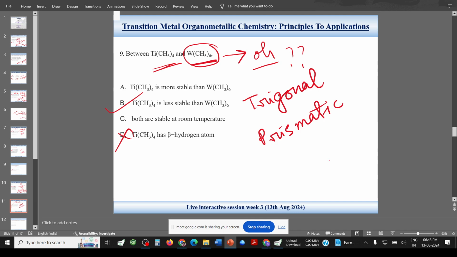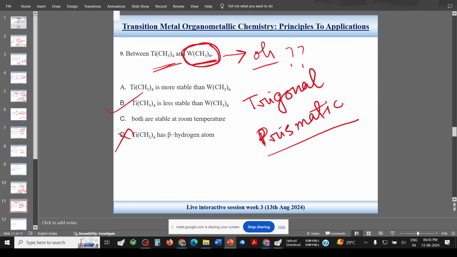Do you have any idea about this trigonal prismatic structure? This question is also very familiar if you go through previous year NET and GATE questions: the structure and coordination number of tungsten hexamethyl.